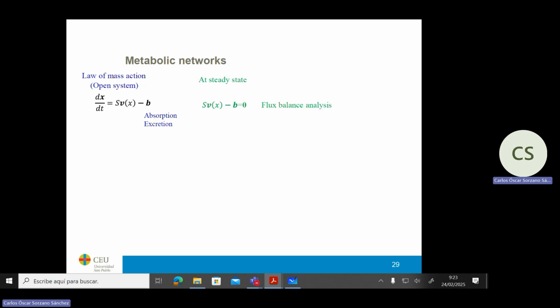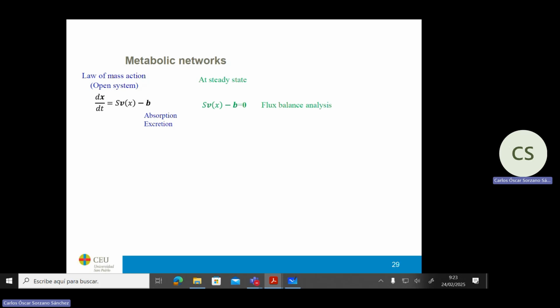Let's say that you are at a steady state. So you are at a state where everything is constant. If everything is constant, then there is no change of the concentrations over time. So if there is no change, that means that this term has to be zero. And then this is much easier to solve because now we don't have a differential equation anymore. We have a standard equation now, and then it is simpler to solve.